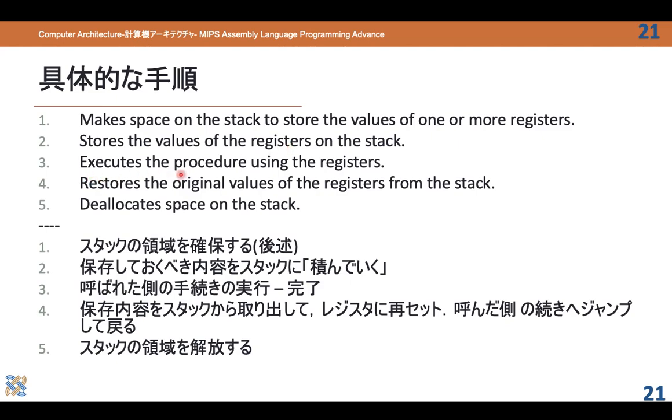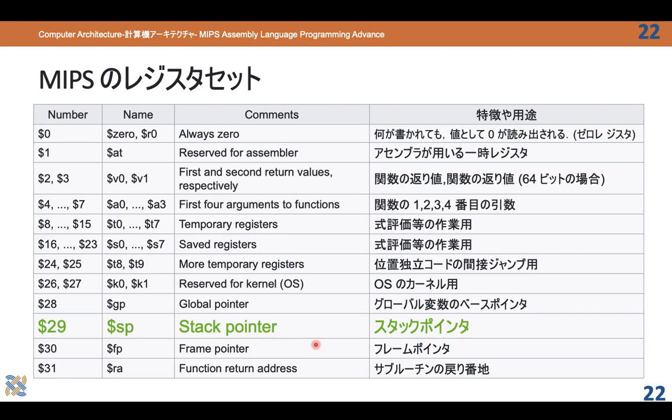After that you can execute the procedure and use your registers. After using them, you restore the original values from the stack, and finally don't forget to deallocate the space from the stack. Have a quick look at the Japanese version of the same text here.